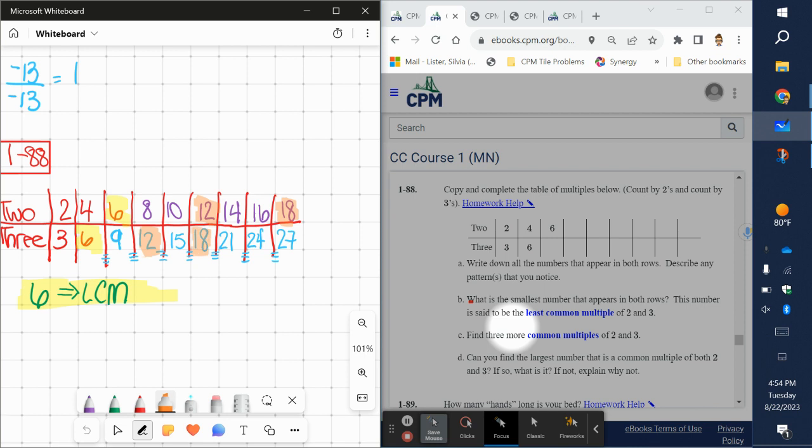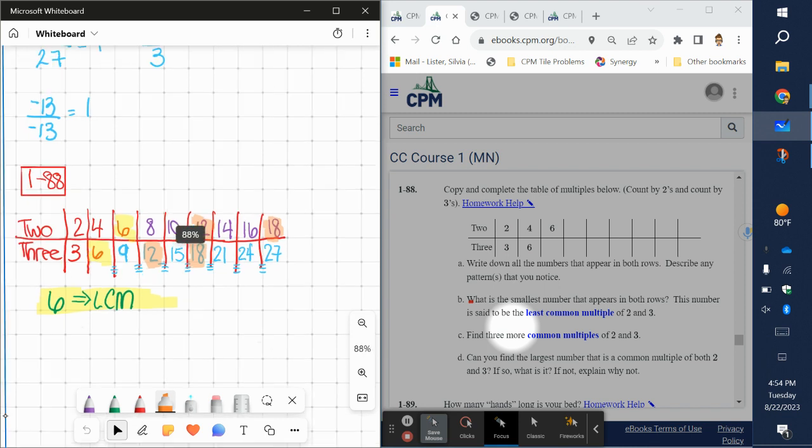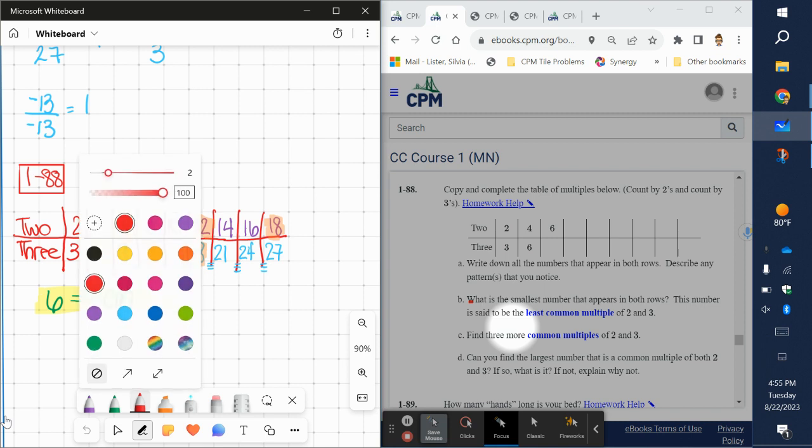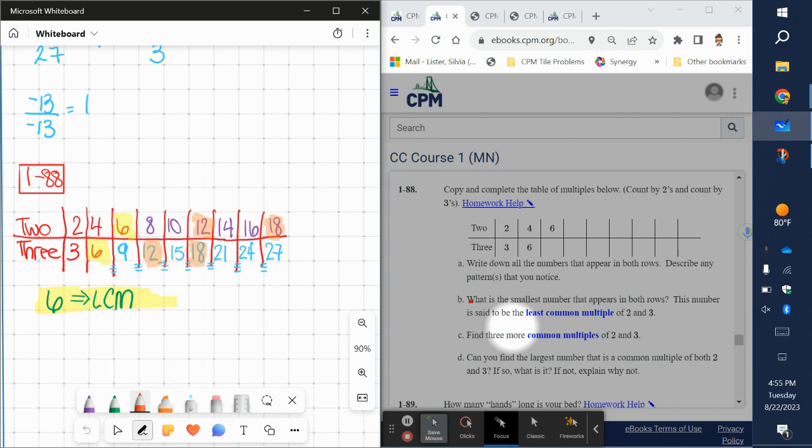What's interesting is that I don't have another one right now in my table. So I guess I'm going to extend it a little bit and see if I can find a third. So I'm going to continue my twos because my twos end at 18 and my threes numbers keep going. So after 18 would come 20.